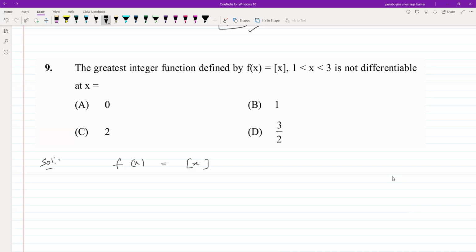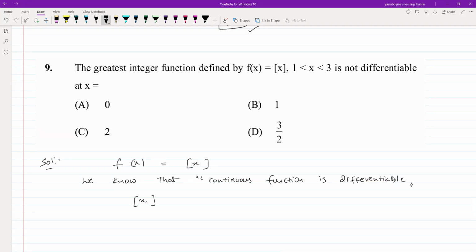We know that continuous functions are differentiable.